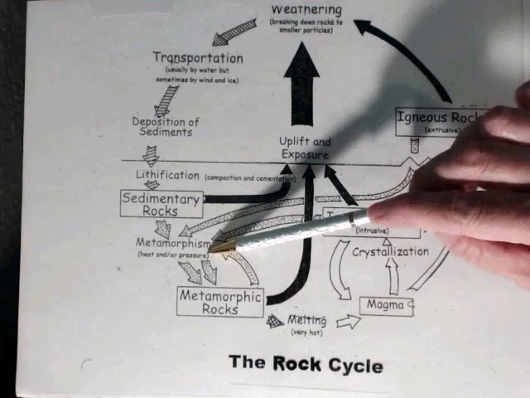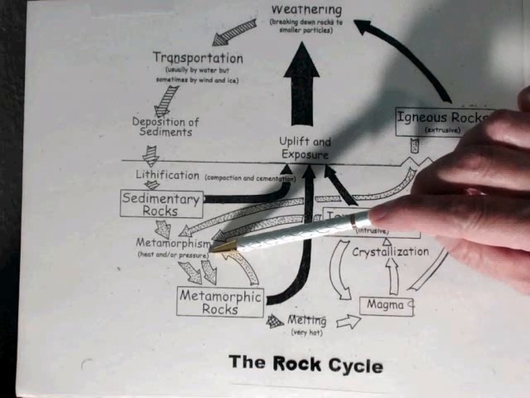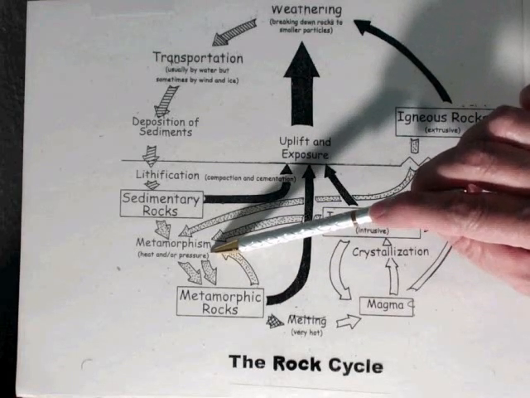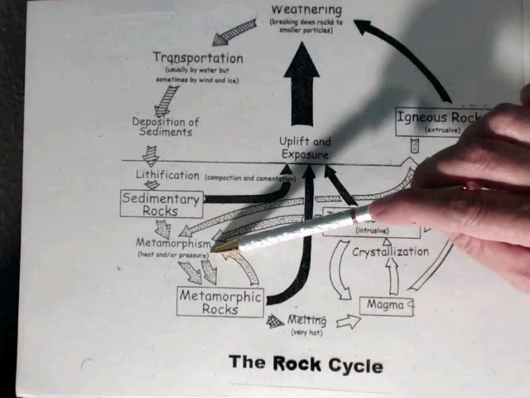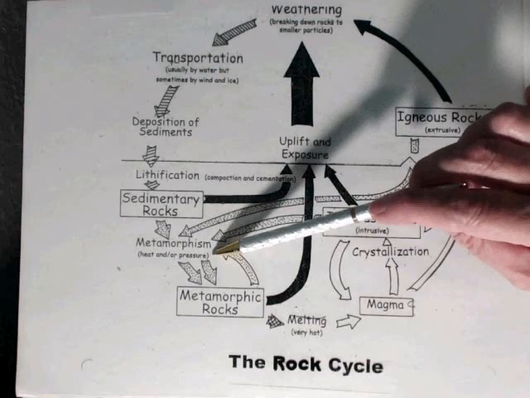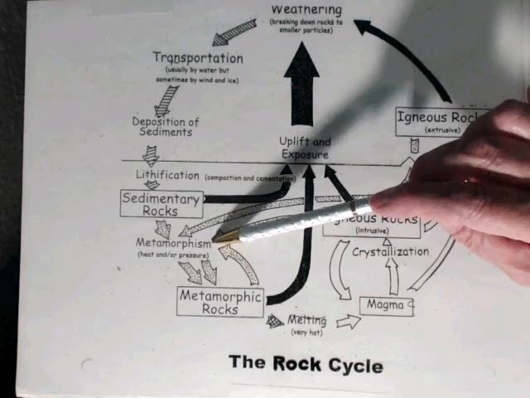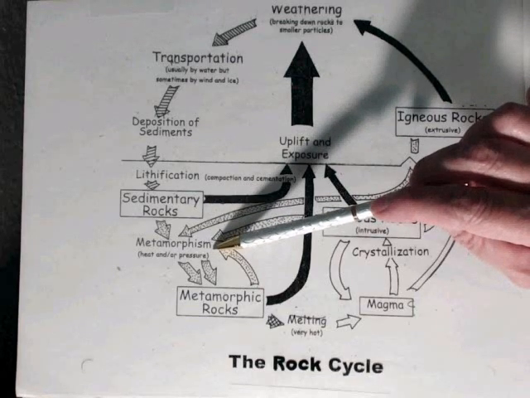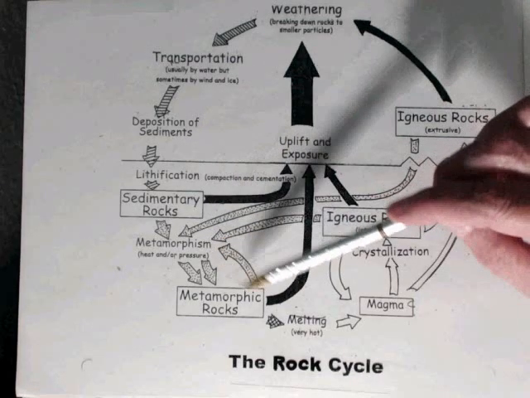But increasing heat, increasing pressure to the point that it actually changes the arrangement and the alignment of our minerals, our individual mineral crystals contained in our rock. And that's known as metamorphism, so it does change the rock.